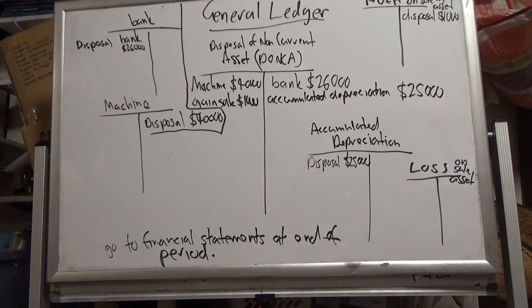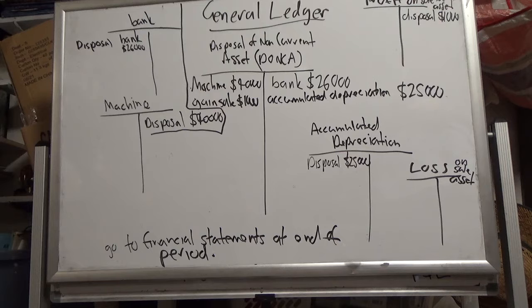So at the start, the first transaction is disposal of the bank one, actually, the cash received from the sale of machinery. So in the general journal, we've debited bank and credited disposal of non-current assets.